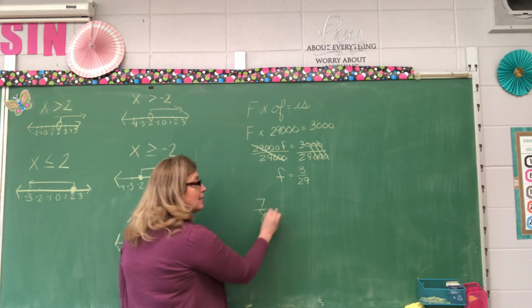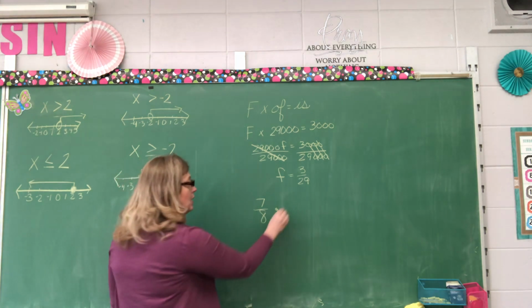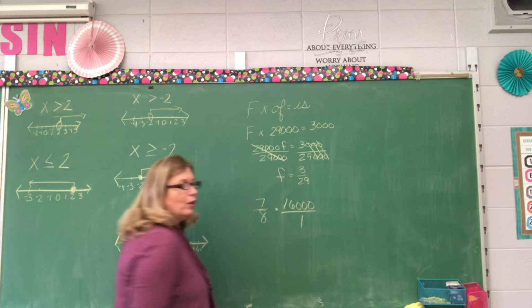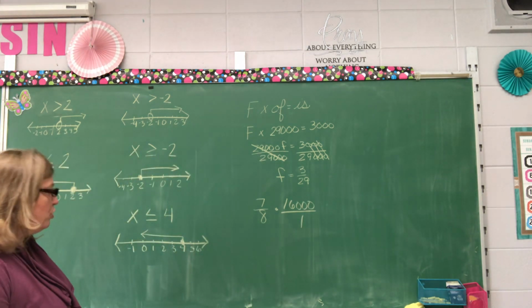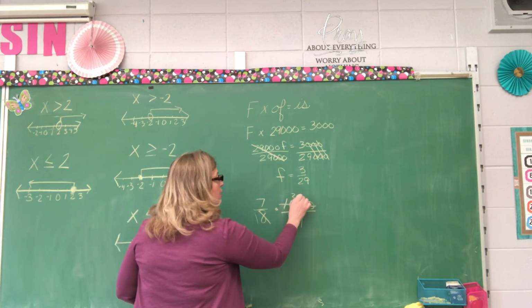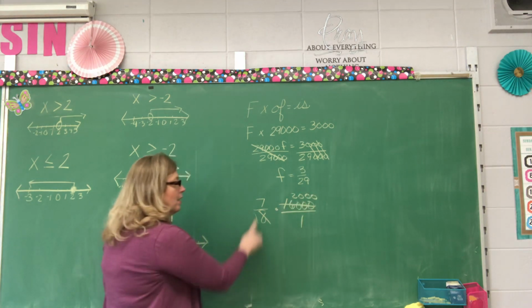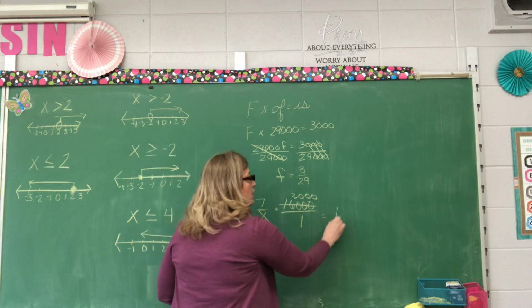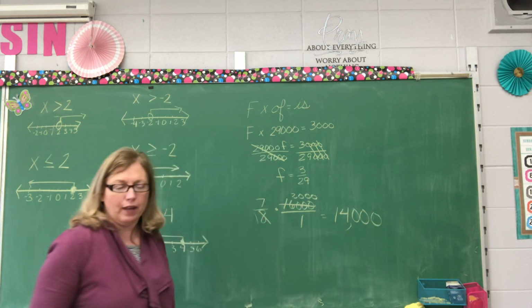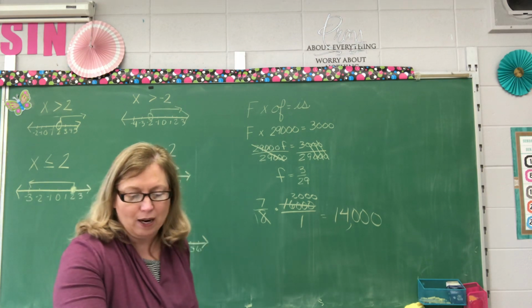So 7/8 of the 16,000. What are we going to do? The first thing we're going to do is try to cancel. Cancel our 8 into 1 and this into 2,000. 7 times 2,000 is 14,000. Okay, so the answer was 14,000.